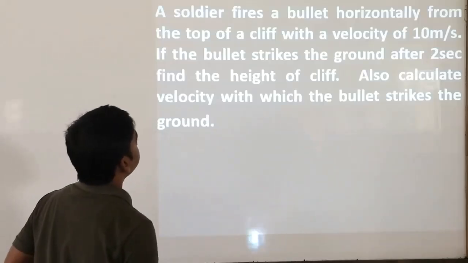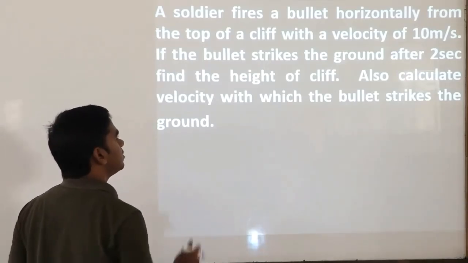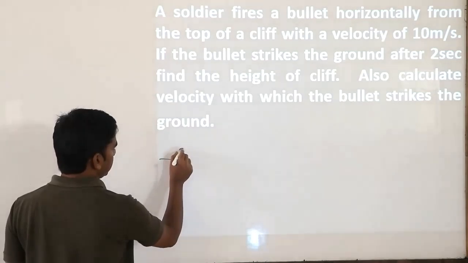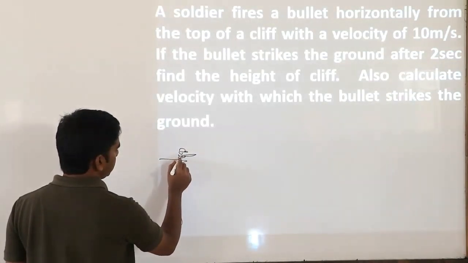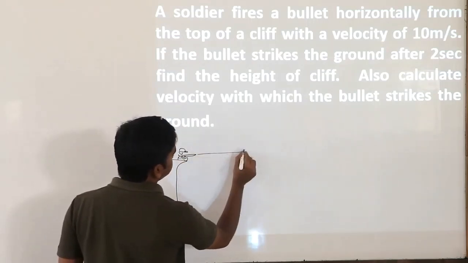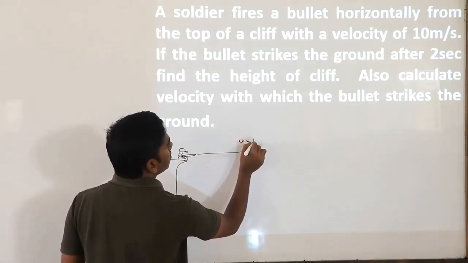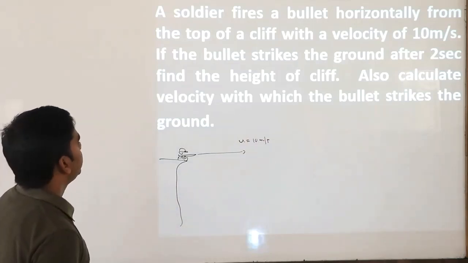Next question: a soldier fires a bullet horizontally from the top of a cliff. So from the top of a cliff there is a soldier. He fires a bullet with an initial velocity of 10 meter per second, horizontally.